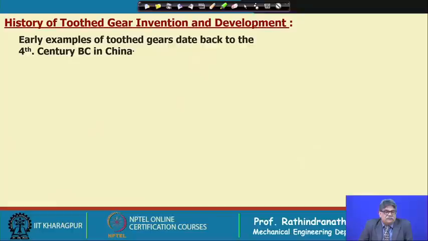Before that, of course, the friction drive was there and some sort of wheel drive was also there. However, early examples of tooth gears date back to the 4th century BC, before Christ, and it is in China.